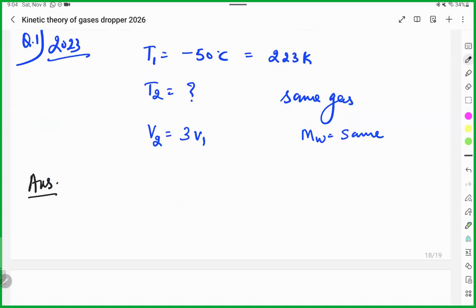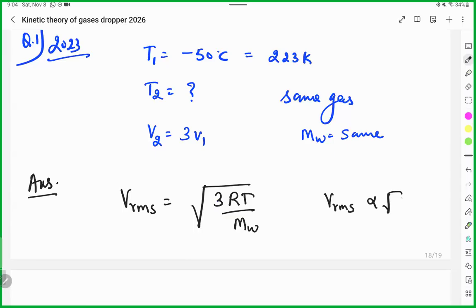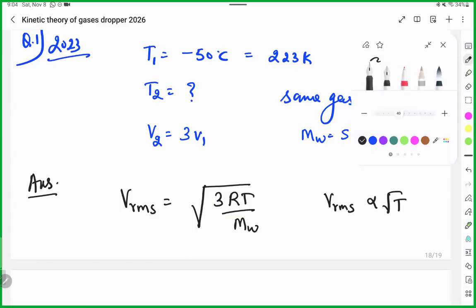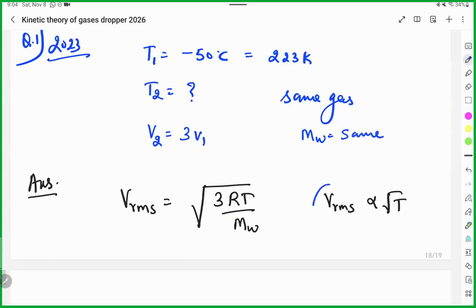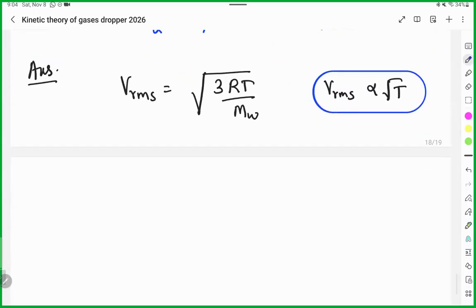You will get to know that the VRMS formula is under root 3RT by molar mass. R is constant, molar mass is constant. So VRMS directly depends upon the temperature, right? If temperature increases, then VRMS also increases.